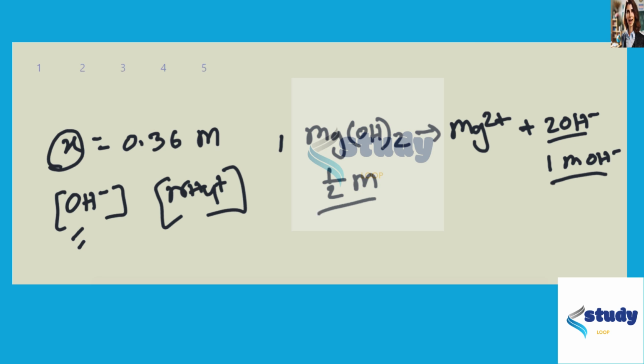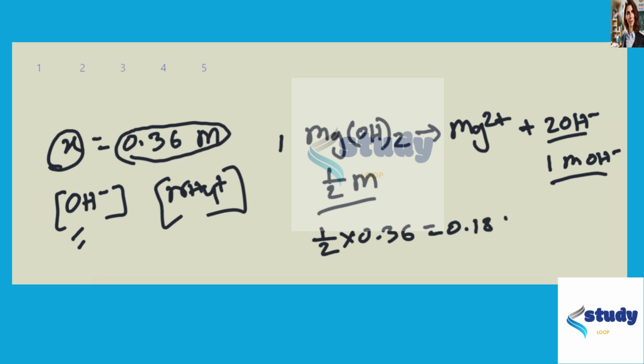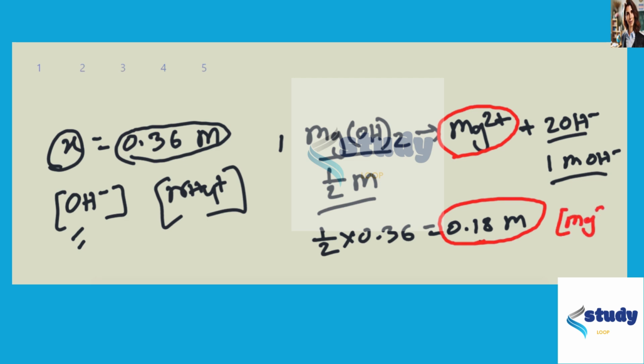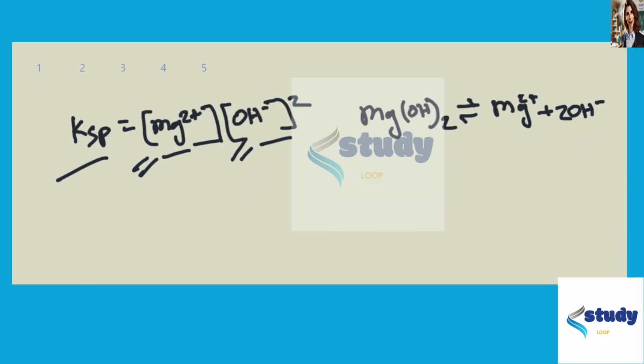Taking half of 0.36 gives the magnesium hydroxide concentration, 0.18. Since 1 molar magnesium hydroxide gives 1 molar magnesium ion, this is also our Mg2+ concentration. So we have already got our magnesium concentration.